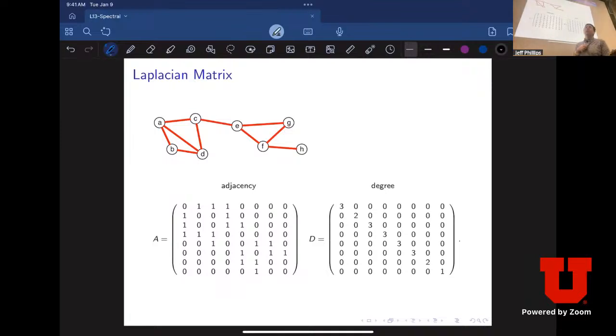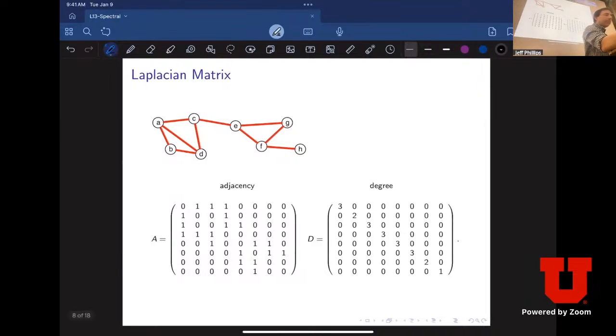Okay, so what we're going to do is build something called the Laplacian matrix of the graph representation. It has 2 ingredients in it. The adjacency matrix, which we already looked at: if there is an edge between A and B, then I put a 1 in this entry.